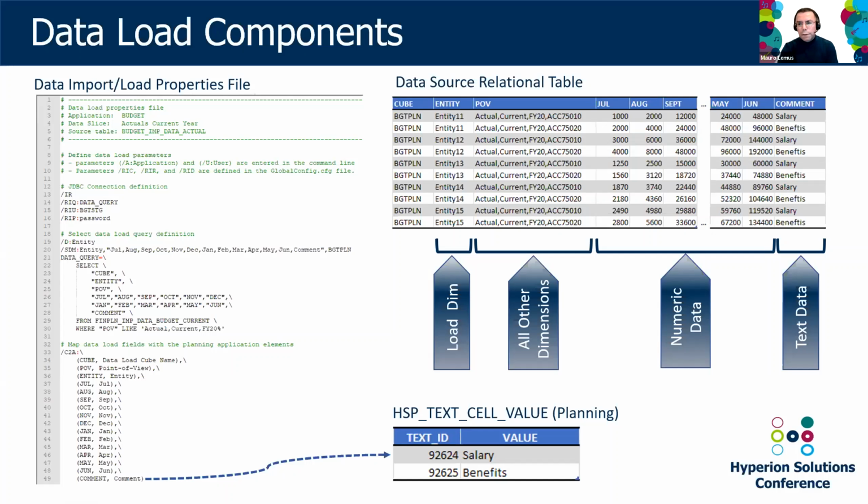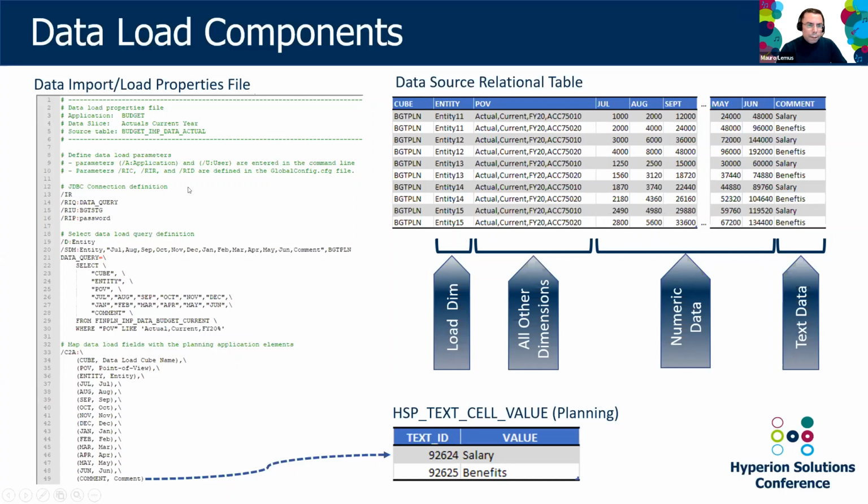You can join the fields in a single one using commas without any issues. One important part here is that we have numeric data and we have text data. In this period dimension, we create an additional member, here the comment member, and we tag that member in planning as a text field. So we can load text data directly there.